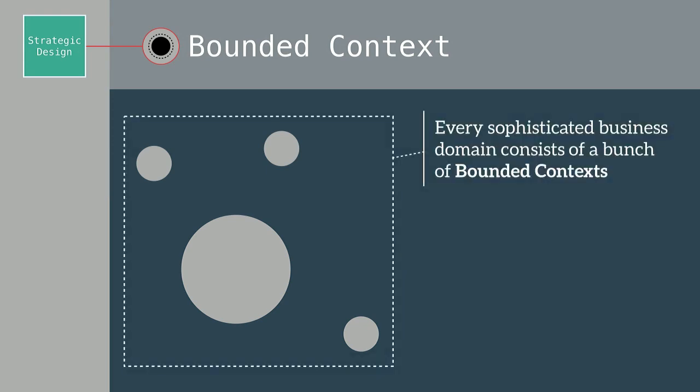The bounded context is basically something that says every sophisticated business domain consists of a bunch of bounded contexts. So, for instance, if you have a mortgage loan application, you can easily identify a couple of parts in these applications. For instance, a part where you apply for a mortgage loan, a part where the bank is going to score your mortgage loan application, where they say, yeah, we're giving the loan to Michael for instance, let's have him buy a house, depending on a couple of criteria.